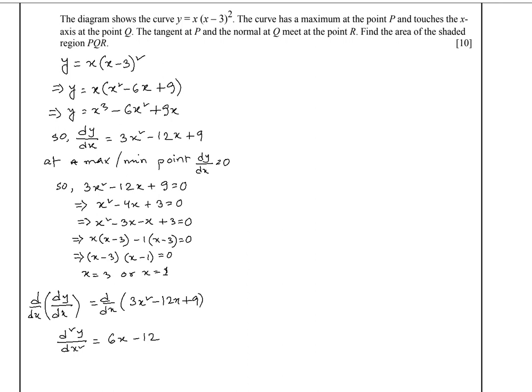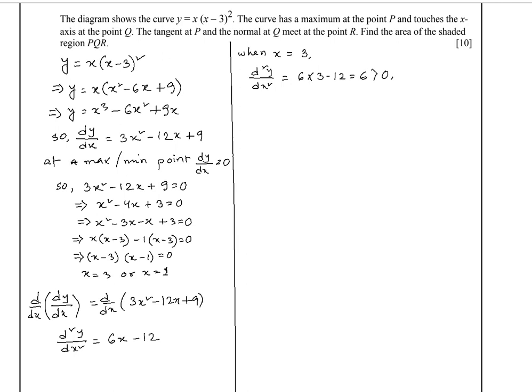Now we need to substitute the x values of the stationary points in our second order derivative equation. So we can write when x equals 3, d squared y over dx squared equals 6 times 3 minus 12, which is 6.